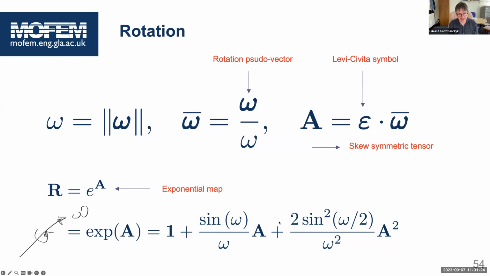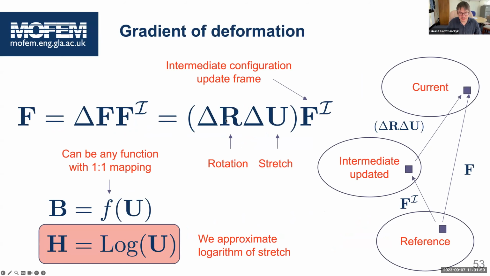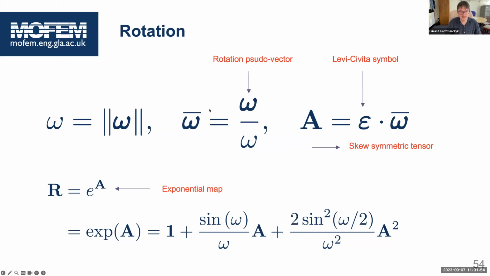And this is an exact formula. So if I have omega, I can change the omega into the rotation. This gives me the idea that I can approximate the rotations directly on the mesh, by approximating omega on the mesh, where omega is a vector. That will be essential to understand what happens with the R in this decomposition in the second.